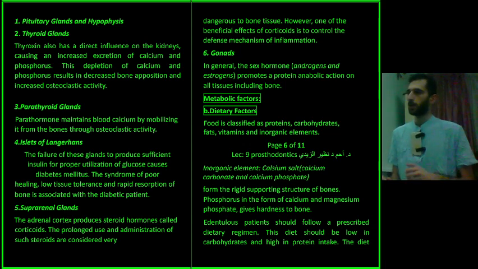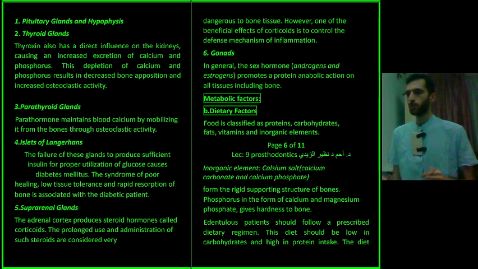Number 5, suprarenal glands. The adrenal cortex produces steroid hormones called corticoids.